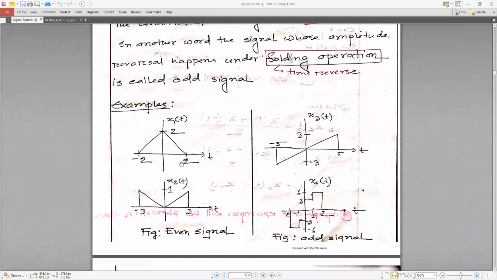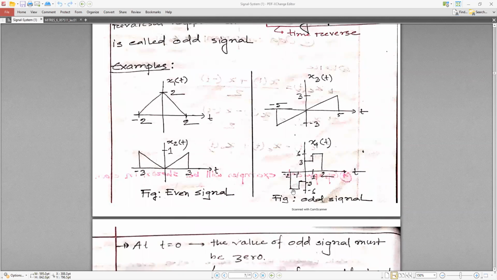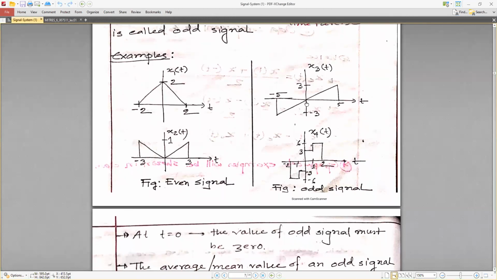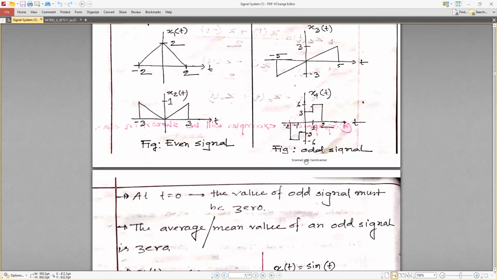It maintains the symmetry. Here the 2 and the -2, and here the 3 and the -3. Same kind of signal, even signal. And the odd signal, see, the difference is here. This kind of signals are odd signals. At t equal to 0, the value of an odd signal must be 0. The average mean value of an odd signal is 0.